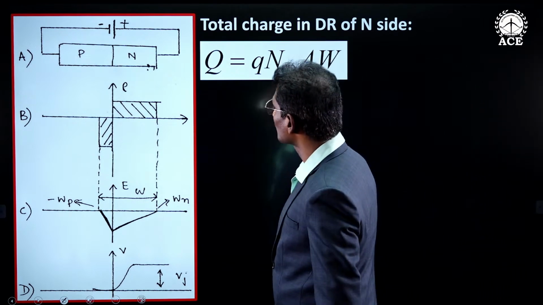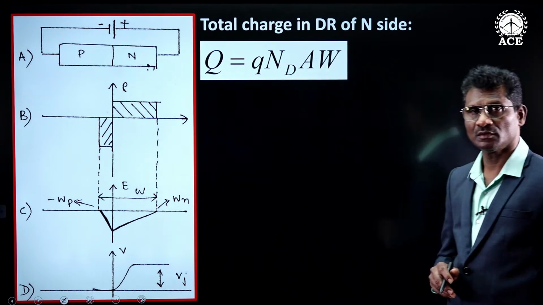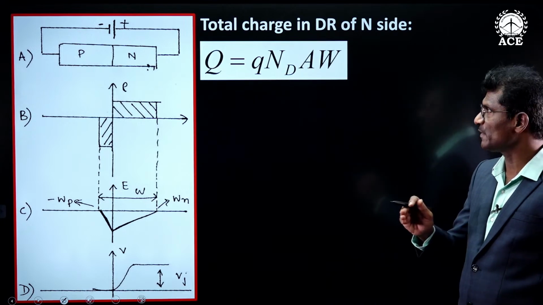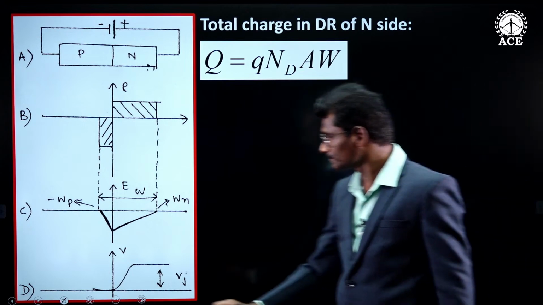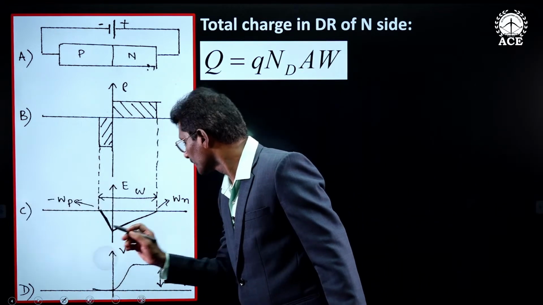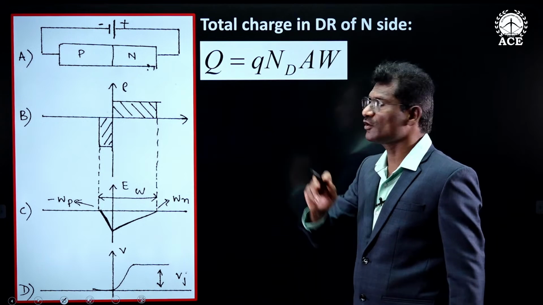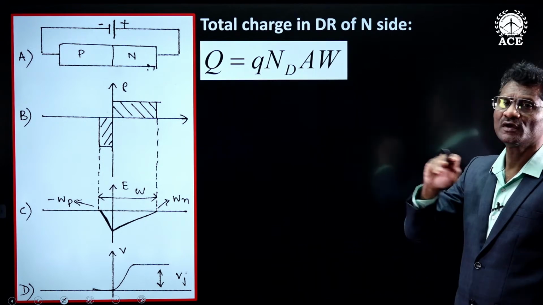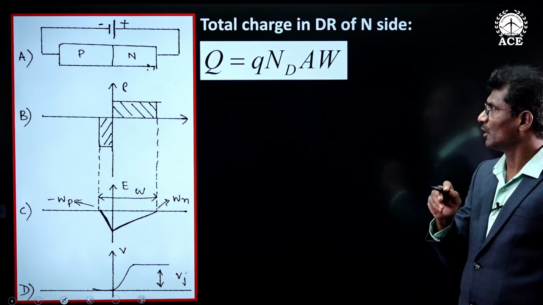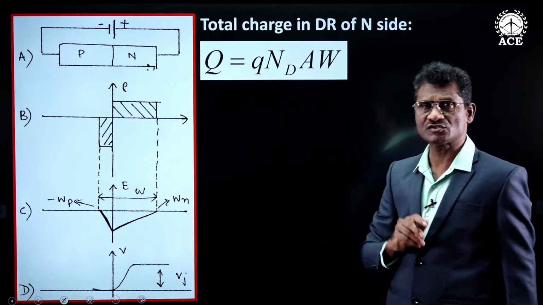Before finding out the total charge, let me see how this equation has been written here. We want to find out the charge inside the depletion region of N side. Now, the unit for charge, as we know, is Coulomb.